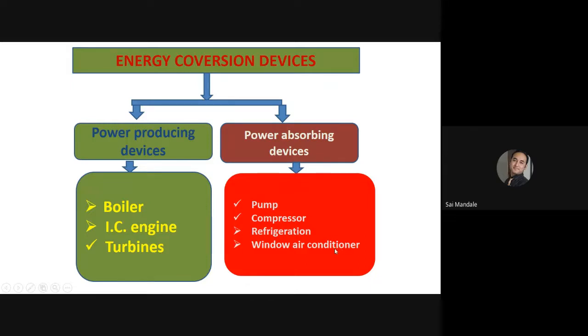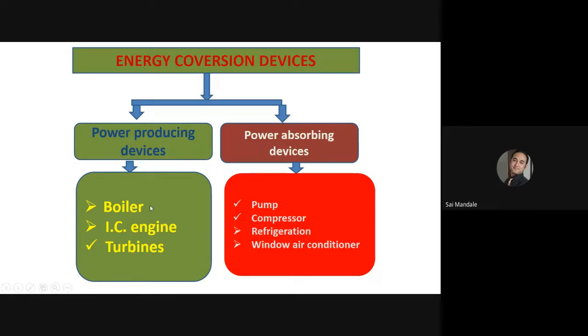Whereas the devices which give us energy, or which give us electricity, or mechanical power at the end, we can call power producing devices. What are those devices? Boiler, IC engine. In an IC engine, the output is the RPM of the shaft. The turbine also gives the RPM of the shaft. In the case of a boiler, we get steam energy, thermal energy.